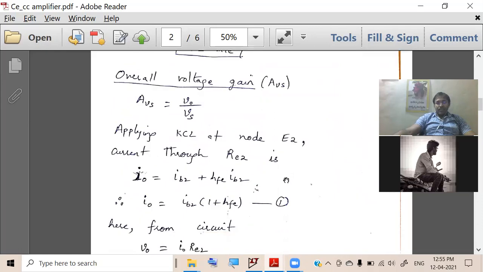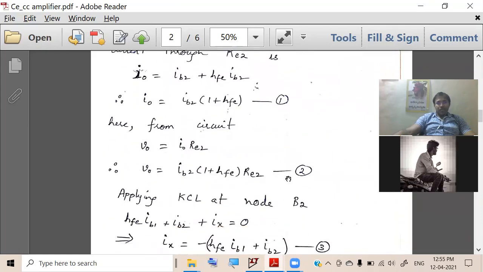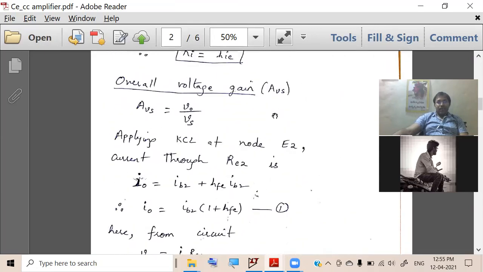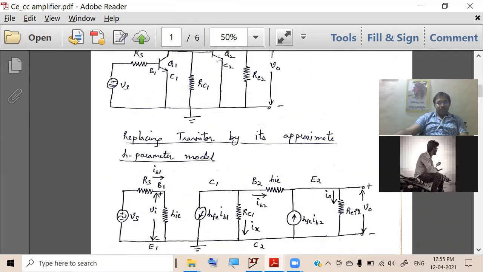So let us see that. Here, V0 is minus IB2 into HIE plus IX into RC1. In this direction it is V0, which means I should take current in this direction. Current from this direction is IB2, so current in the reverse direction is minus IB2.